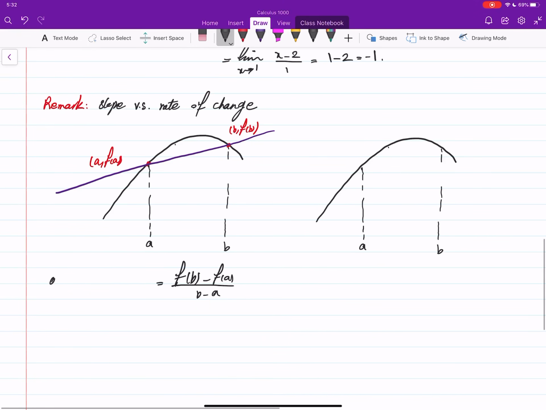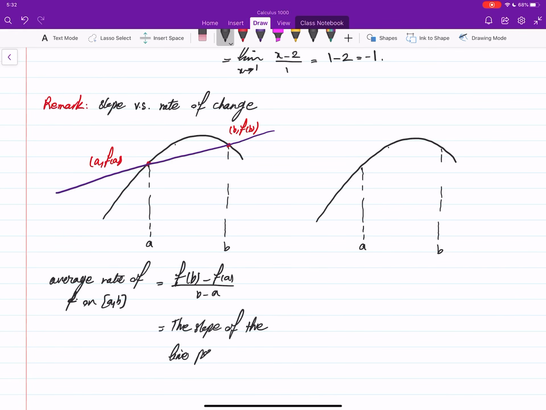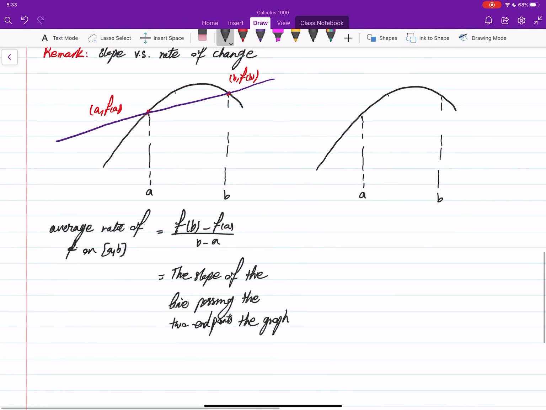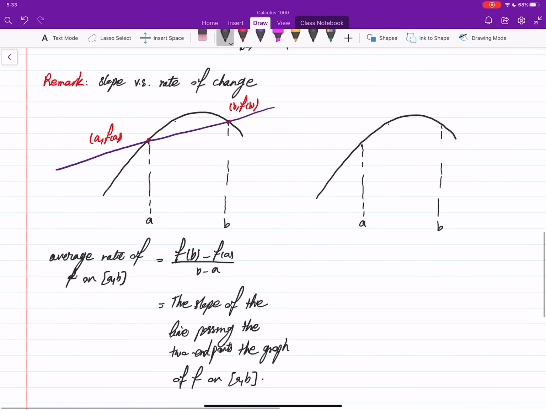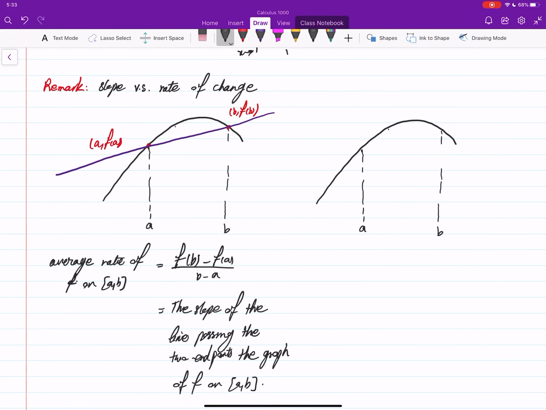But we know that this is the average rate of change of f on the interval [a, b]. So the average rate of change of f on the interval [a, b] is equal to the slope of the line passing through the two endpoints of the graph of f on the interval [a, b]. Very nice. So the average rate is the slope of a line.